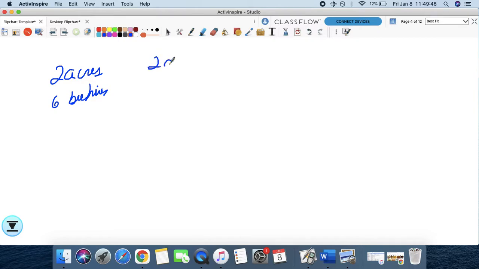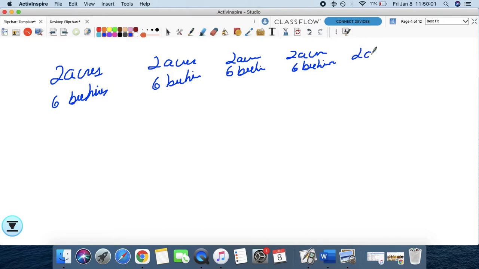Another 2 acres, 6 beehives. Another 2 acres, 6 beehives. Another 2 acres, 6 beehives. So that's what Mr. Caleb said. Cada 2 acres, please put 6 beehives. And we keep going and we keep going. 2 acres, 6 beehives. And we continue and continue hasta llegar al total de 30.